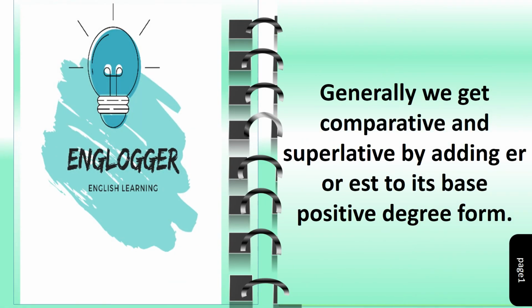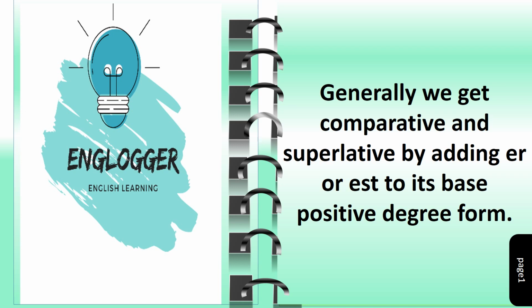So here we start with how to form an adjective. Generally, we get the comparative and superlative degree by adding er or est to the base positive degree form. It means that if I have tall, then it's taller and tallest. If I have happy, happier, happiest.